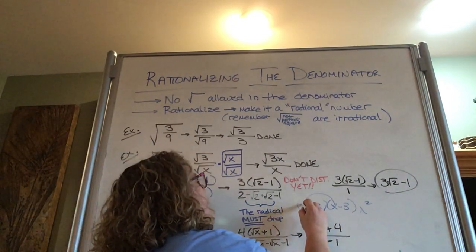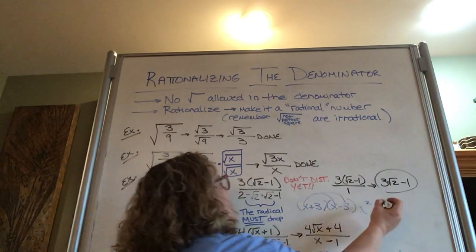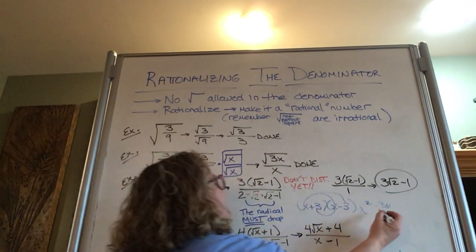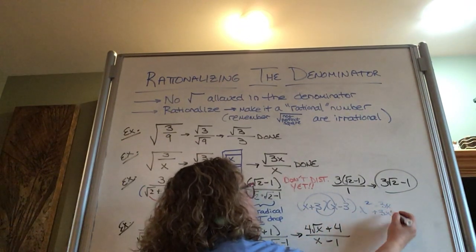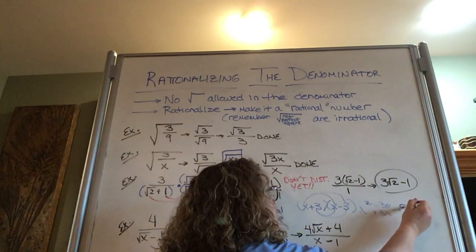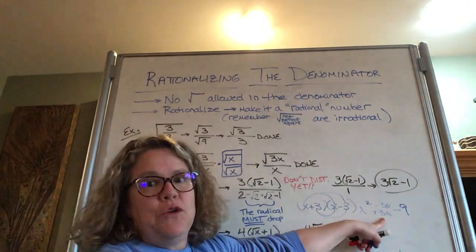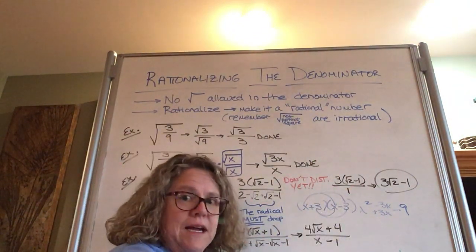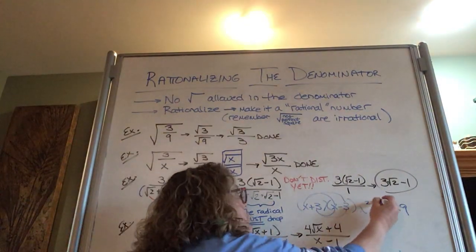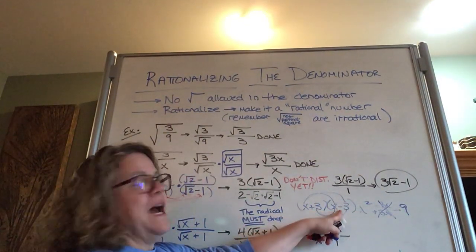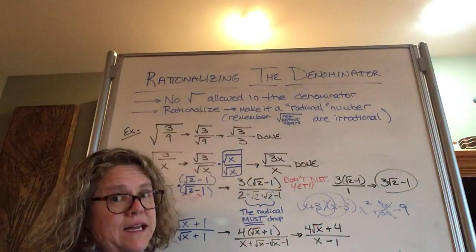But then we would go x times negative 3 was negative 3x. Then we would have 3 times x was positive 3x. And then we would have 3 times negative 3 was minus 9. Remember, these two middle values canceled each other out every single time. And that's going to happen every single time when you multiply a binomial times itself with the opposite sign.